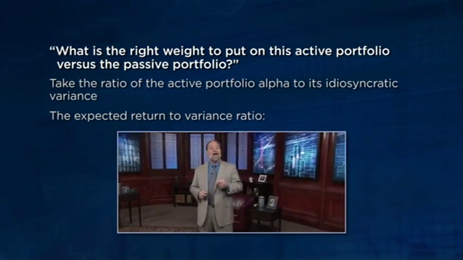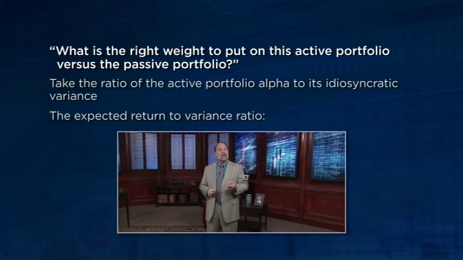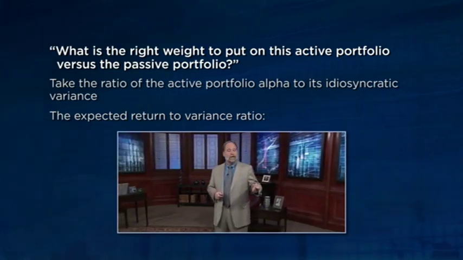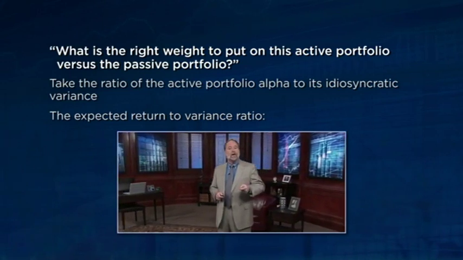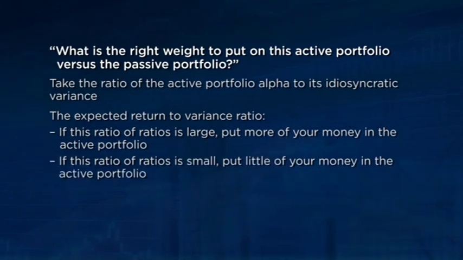To see exactly how much to put into the active portfolio, you want to see how big the expected return to variance ratio is for the active portfolio relative to the ratio for the market. If this ratio of ratios is large, then you should put more in the active portfolio. If the ratio of ratios is small, then put in less.